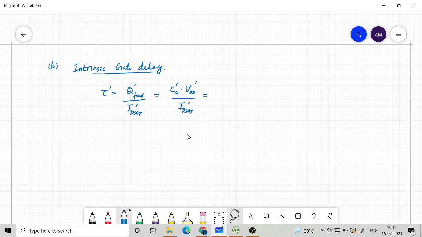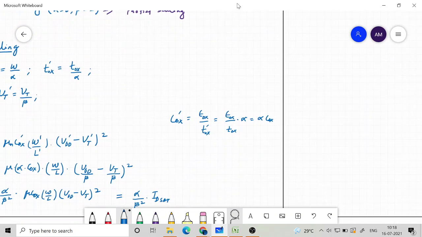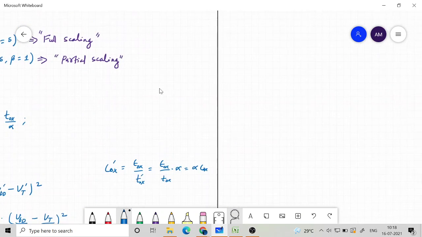We have already found out it was alpha by beta square ID sat, right? That's what we just got.